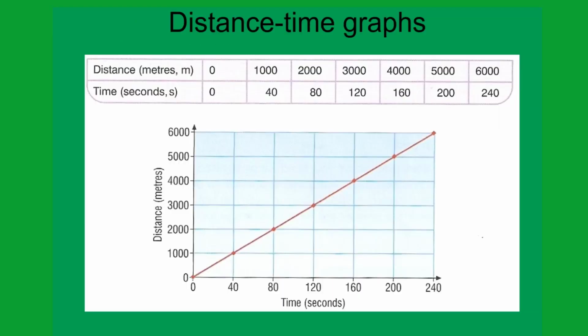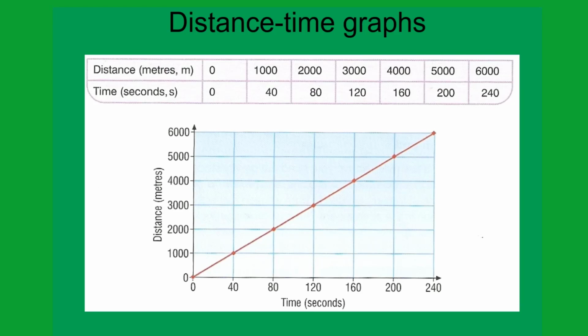Next, distance time graph. Distance in meters and time in seconds. Here, when time is 0, the distance covered by the moving object is 0. When time is 40 seconds, the distance covered is 1000 meters.